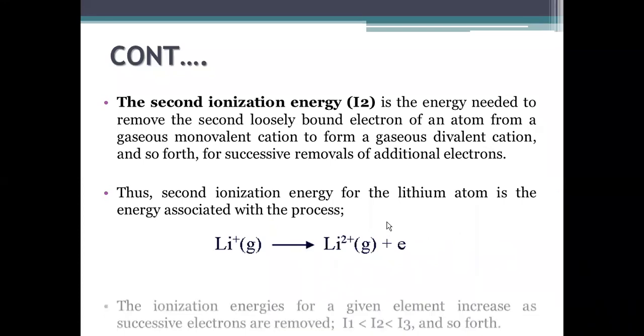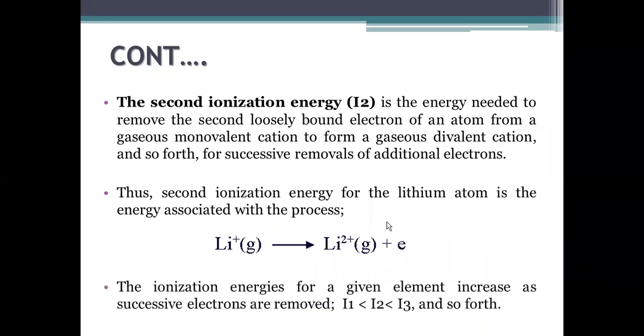Right? So the ionization energy for a given element increases as successive electrons are removed. So always I1 is less than I2, I2 less than I3, I3 less than I4. That is the increasing order. Always the ionization energies increase for the given element in successive electron removal.